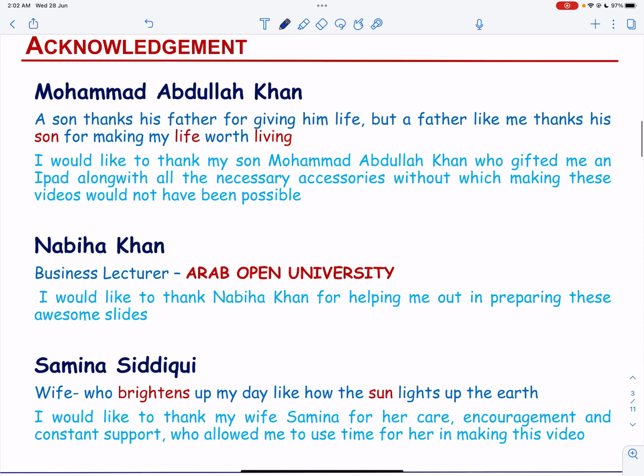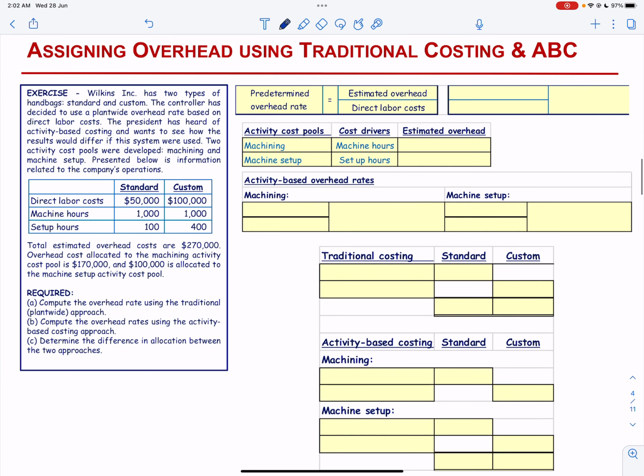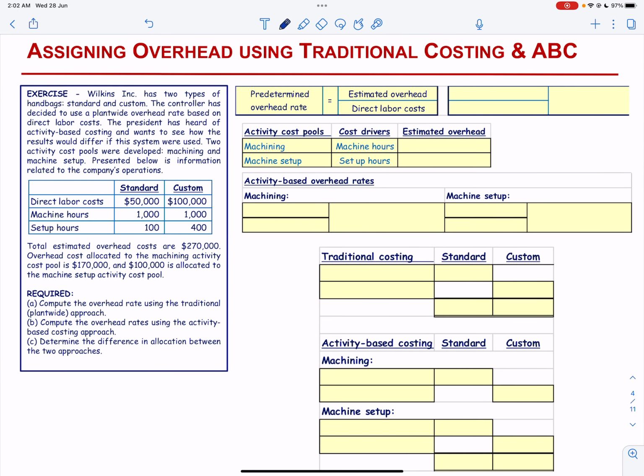So let us start with solving an exercise on how to assign overhead using traditional costing and activity-based costing. Wilkins Incorporation has two types of handbags, standard and custom.